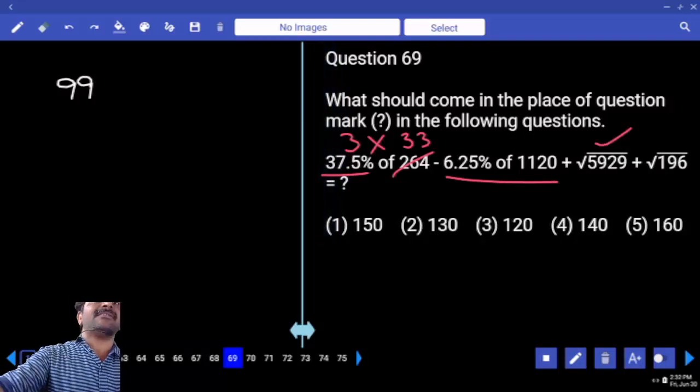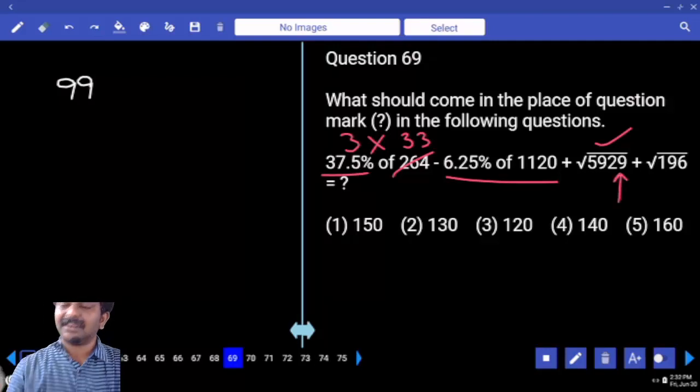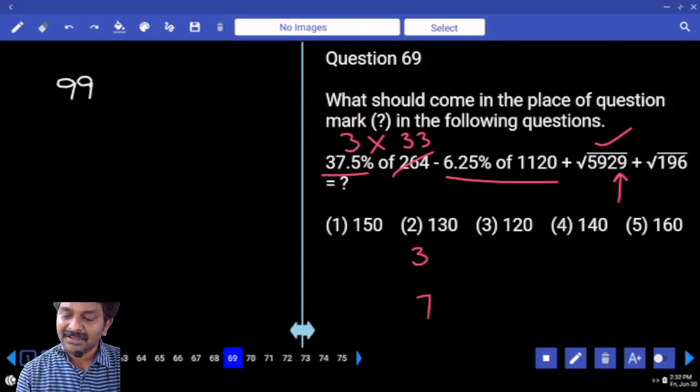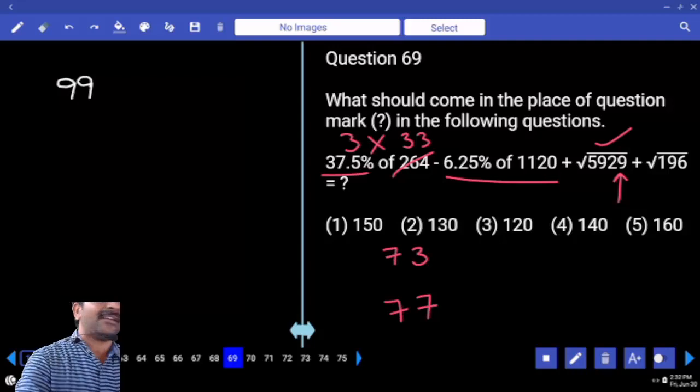What is 70 square? 4,900. That is more than that. What is 80 square? 6,400. And that is less than 6,400. If the number is ending with 9 in under root, it must be either 3 square or 7 square. That means it must be either 73 or 77. What is 70 square? 4,900. Observe that number, far more than 4,900.